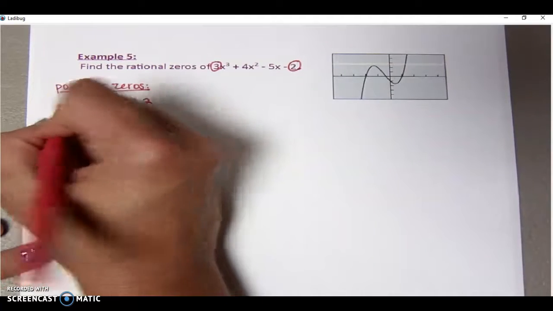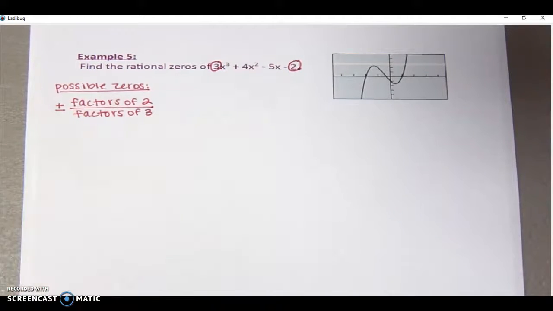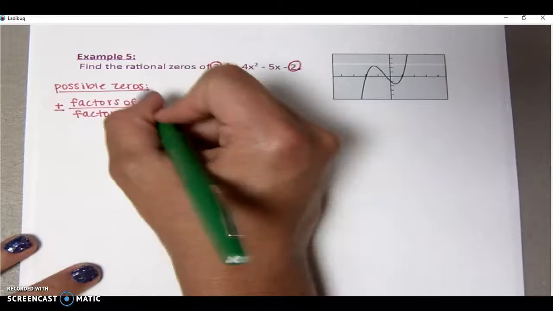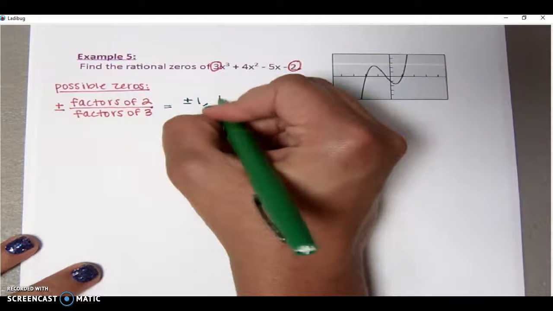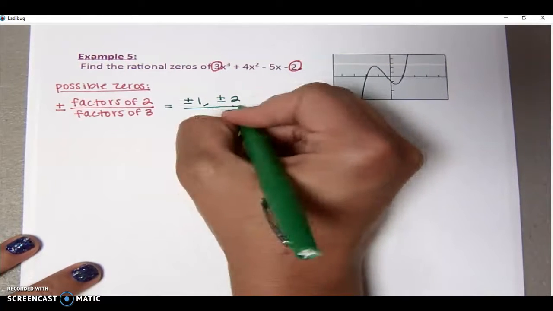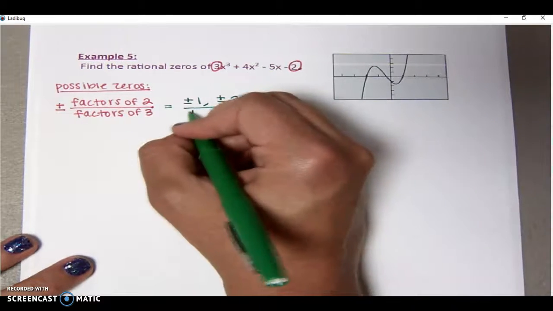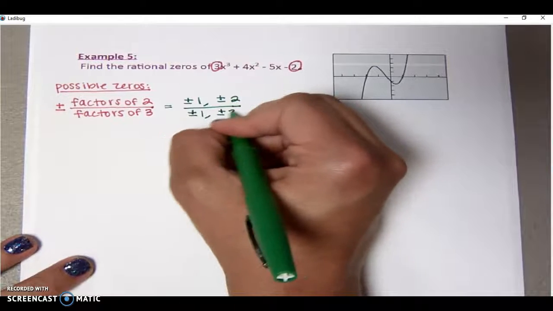And it does say it's plus or minus those factors. The only factors of 2 are 1 and 2, so you could have plus or minus 1 and plus or minus 2. Factors of 3 would just be plus or minus 1 and plus or minus 3.